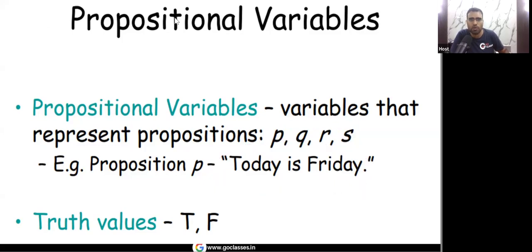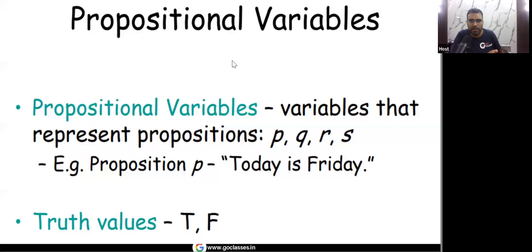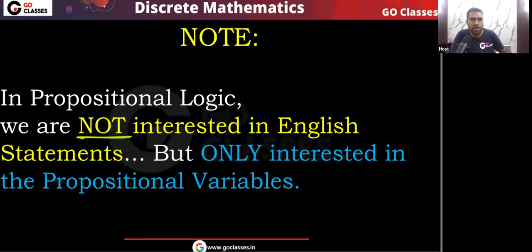So remember the definition of proposition. The definition says that a proposition is a statement which is true or false, but not both. Whatever day you fix, if you speak this statement on Monday, then this statement is false. So, very simple point. This is a proposition, and it is represented by this propositional variable P. Again, in propositional logic we are not interested in English statements.